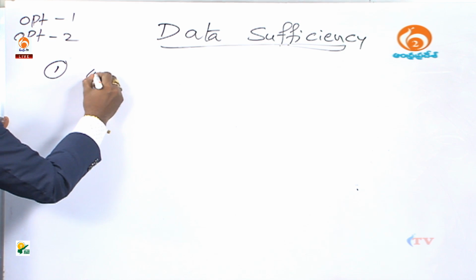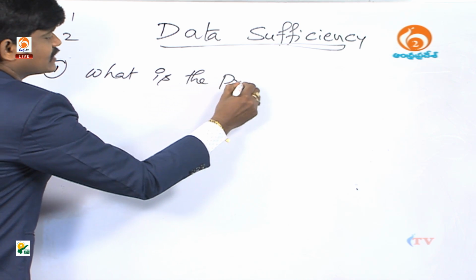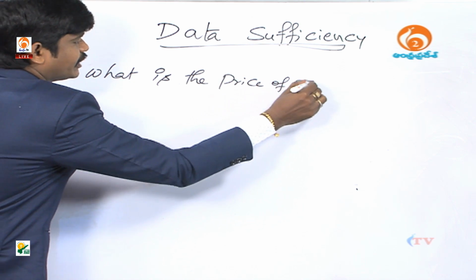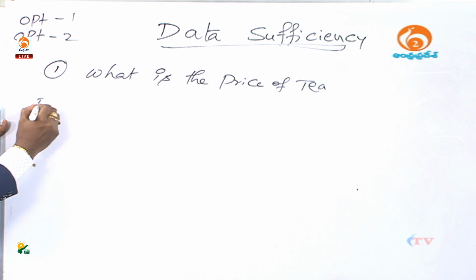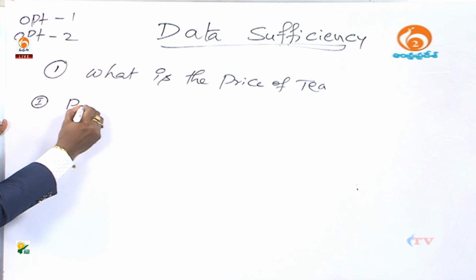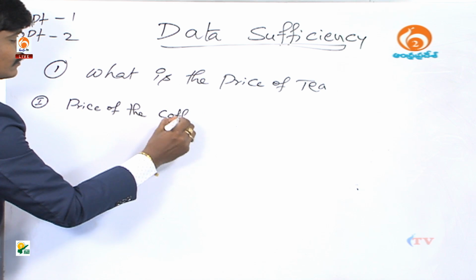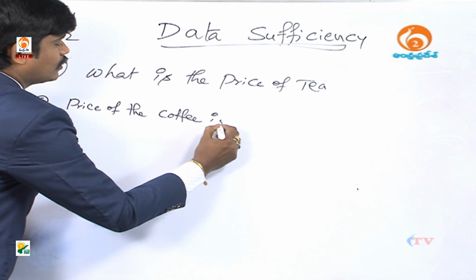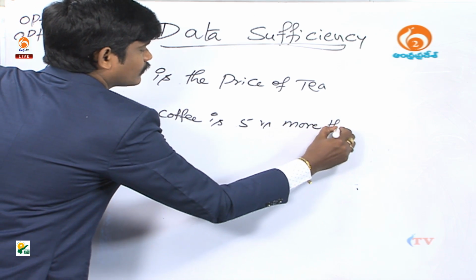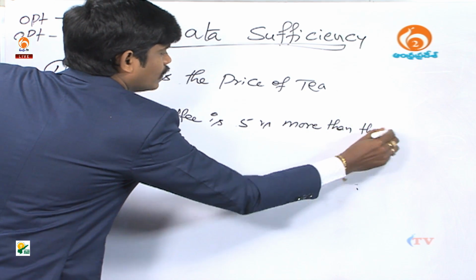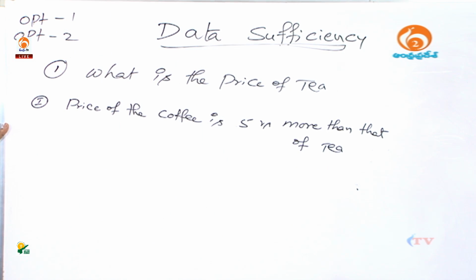The question: what is the price of tea? That's the given question. For that question they have given conclusions. The first conclusion: the price of the coffee is 5 rupees more than that of tea.